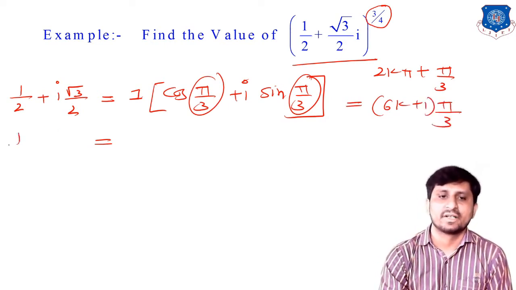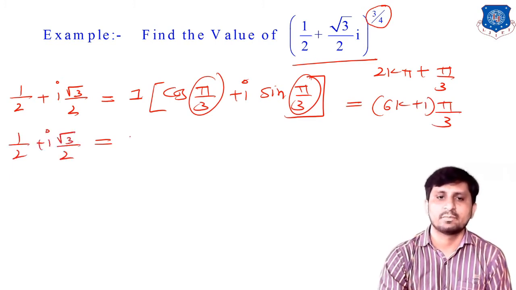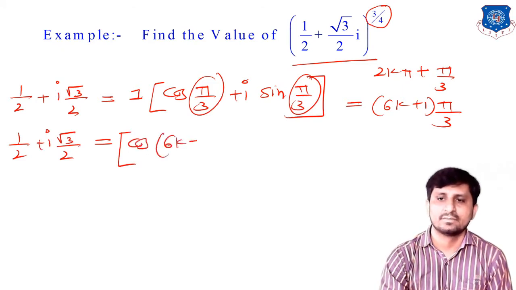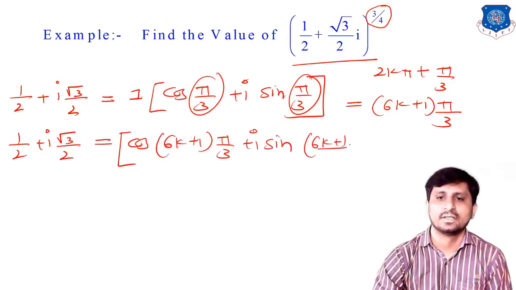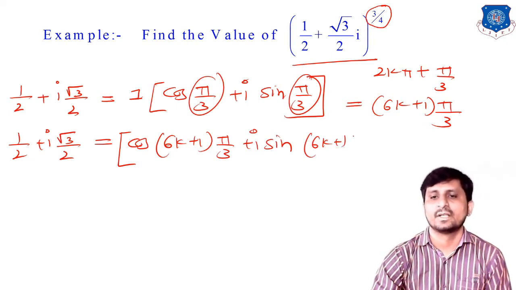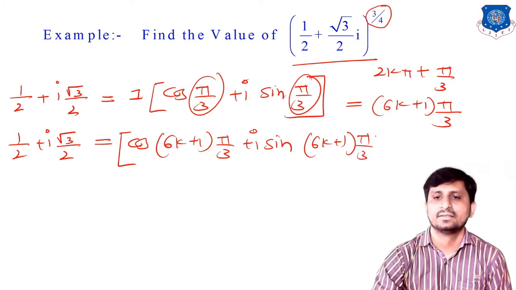So that's why 1/2 + i√3/2 can be written as cos (6k + 1)pi by 3 + i sin (6k + 1)pi by 3.